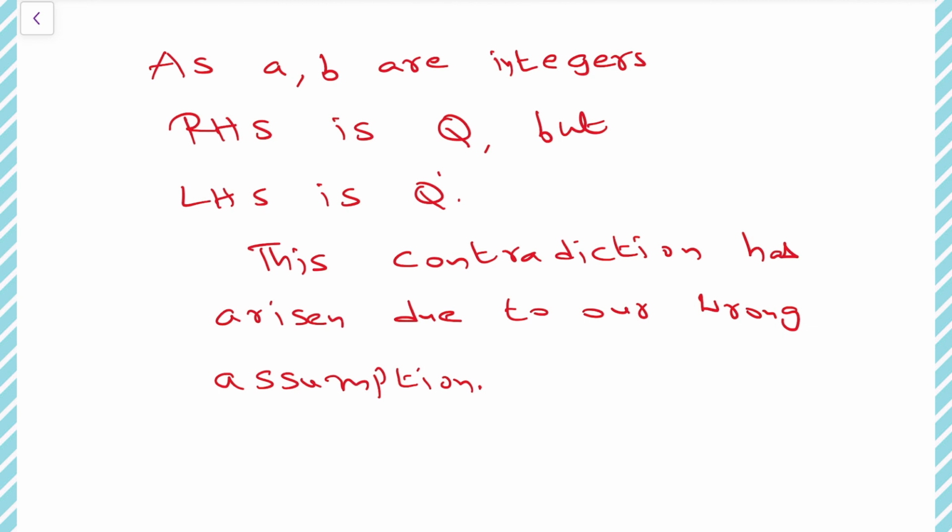So we can say that 2 plus 2 root 3 is an irrational number. Next, coming to the last question.